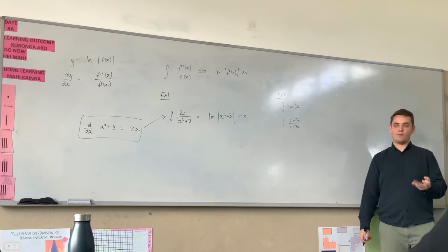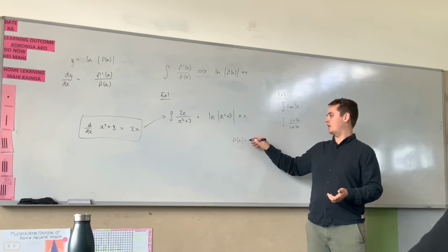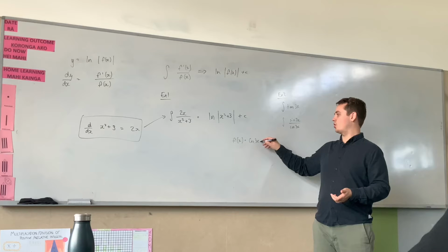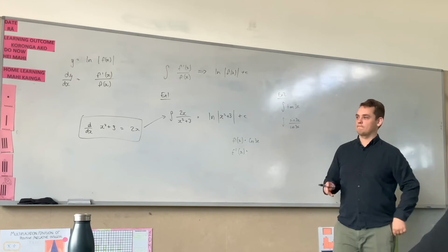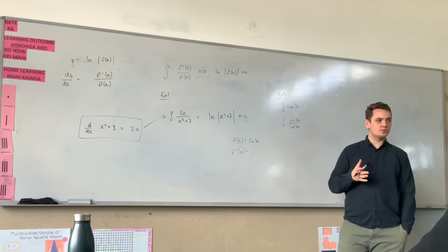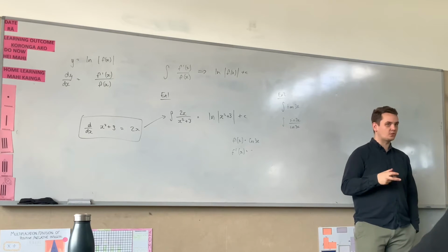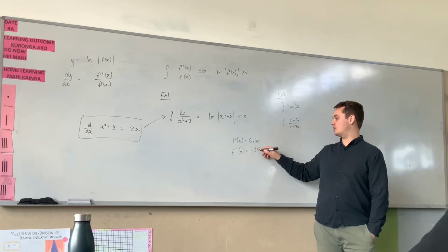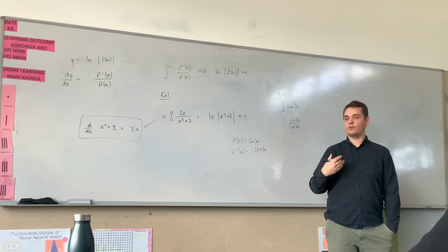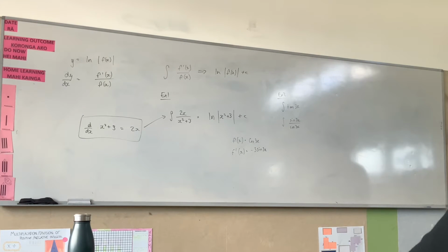What would be the f of x in this situation? It equals cos 3x. So what is f prime x? What's the differential of cos? Negative 3 sine 3x. Nice. Don't forget, if there is a value inside the trig, you need to also consider what that might become on the outside.